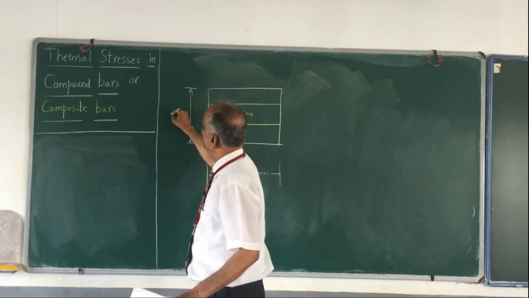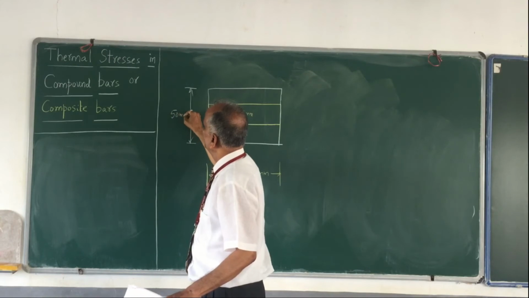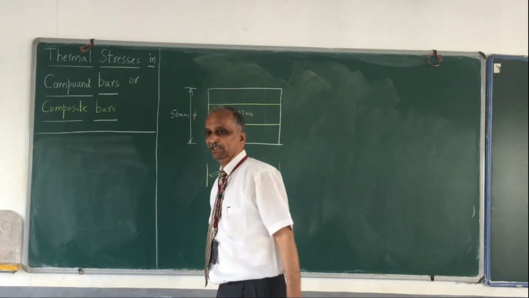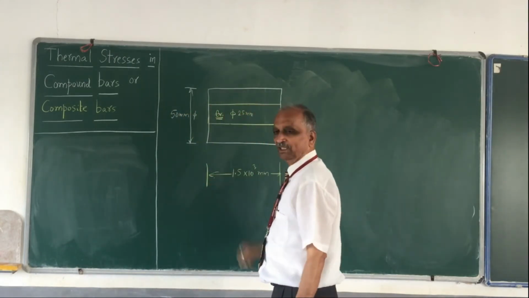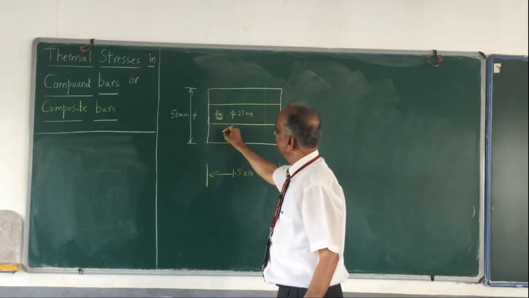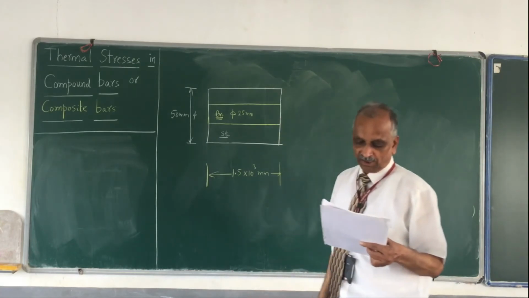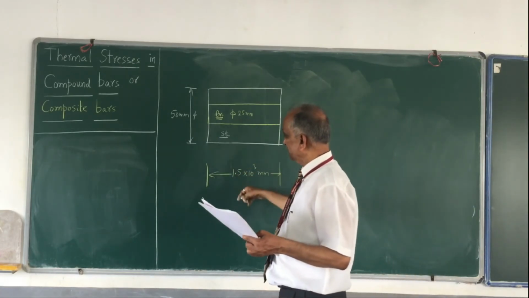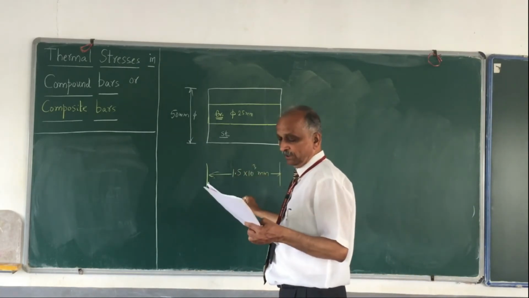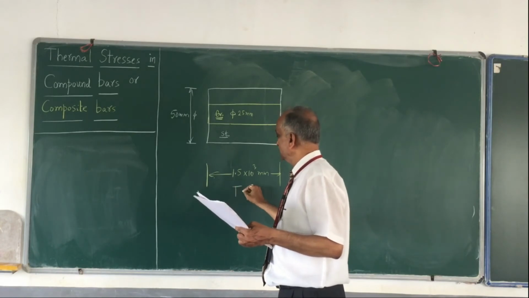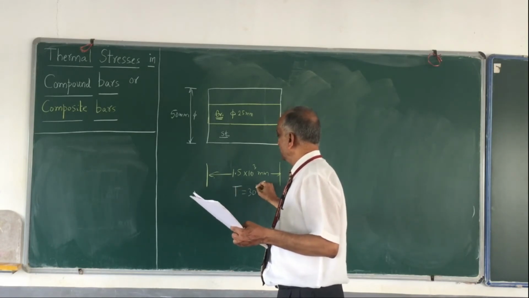This also is a diameter, and the inside is 25 anyway. This is made of steel. And when the length is 1.5, that time the temperature is 30 degrees centigrade.